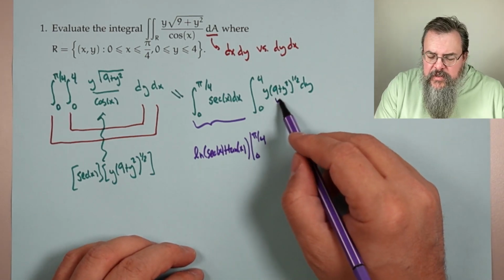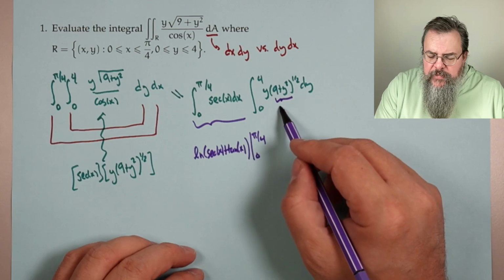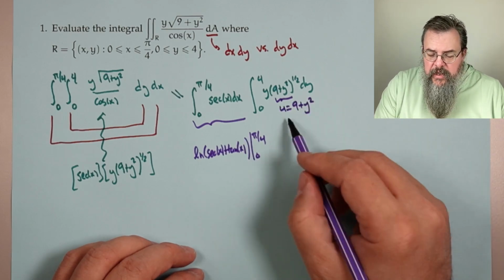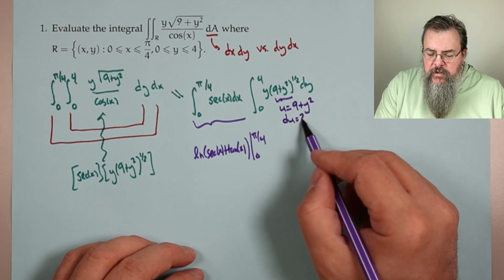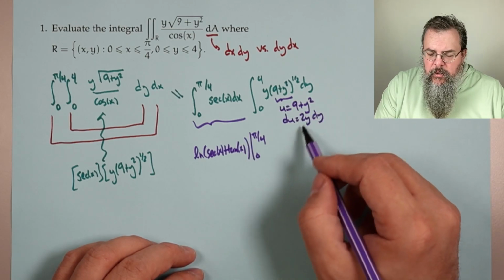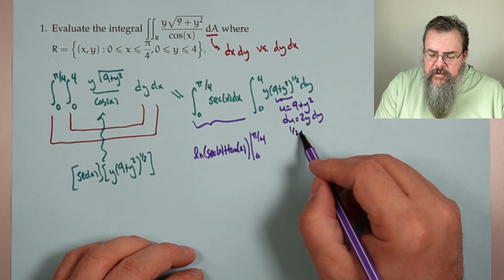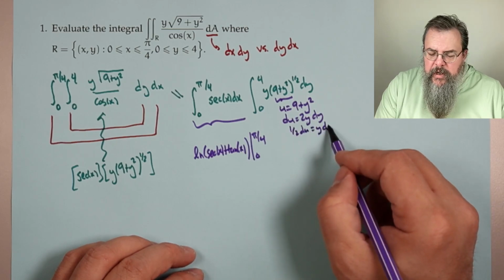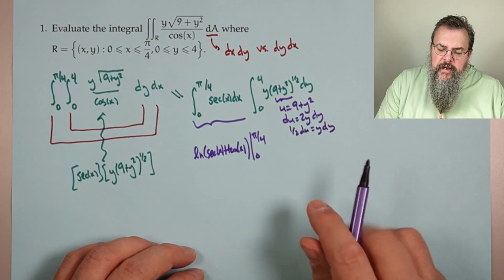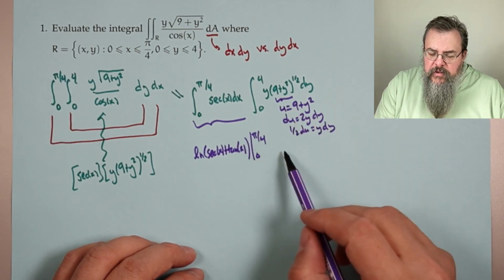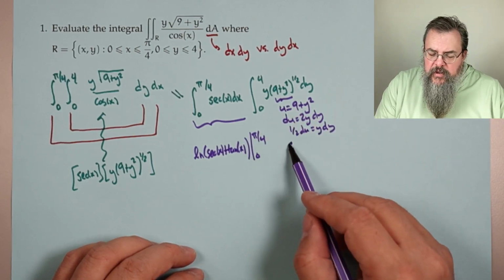So let's think about our substitution. We said u is the inside, 9 plus y squared. And then du is 2y dy. Or we could say, hey, this is really the same as saying a half du is y dy. And, okay, so what would this become? So this integral would become the integral.